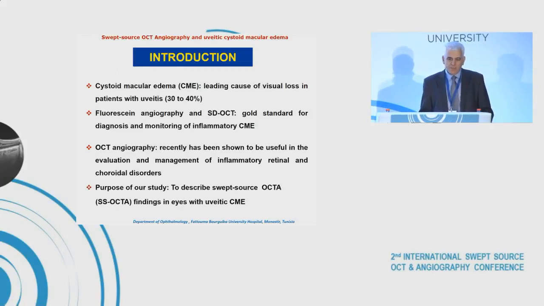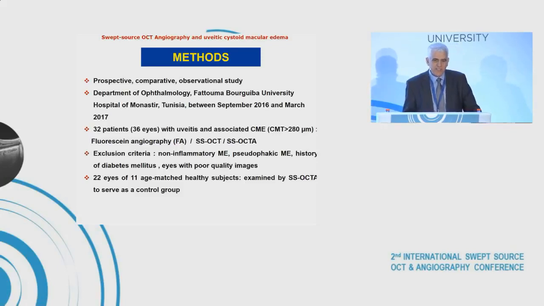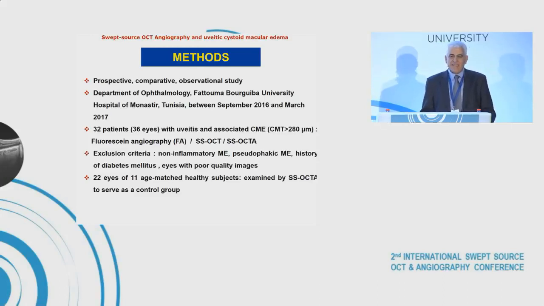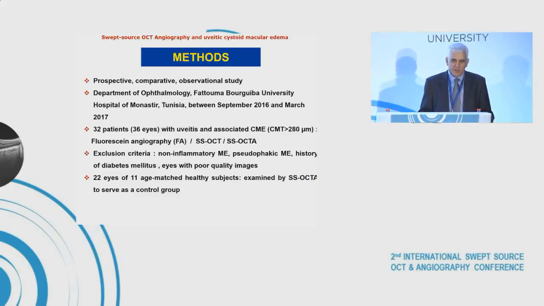The purpose of this study is to describe swept source OCT angiography findings in eyes with uveitic cystoid macular edema. This is a prospective comparative study including 36 eyes of 32 patients with uveitis and associated cystoid macular edema, examined by fluorescein angiography, swept source OCT, and swept source OCT angiography.